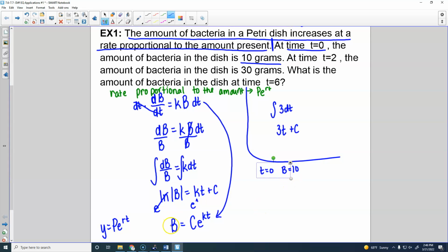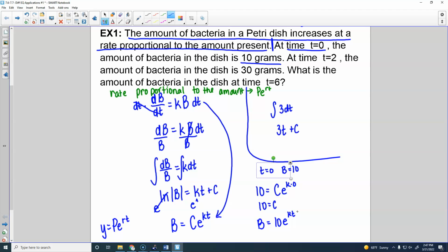So if we take those values and plug them in, 10 equals CE to the K times 0. What is K times 0? And what is E to the 0? 1. So 10 just ends up being your C. So now we've got B equals 10 E to the KT.